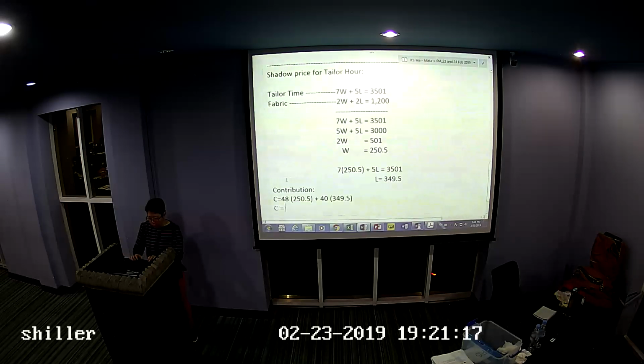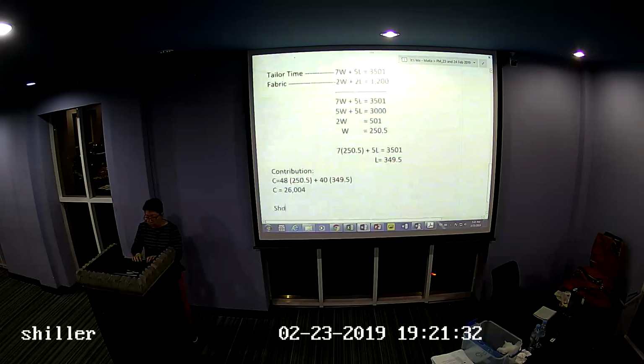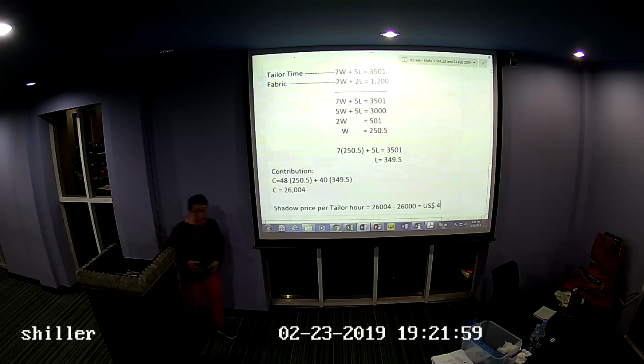So our new contribution here would be 26,004. So the shadow price per tailor hour is 26,004 minus the original 26,000, equals US dollars 4. Correct? Yes.